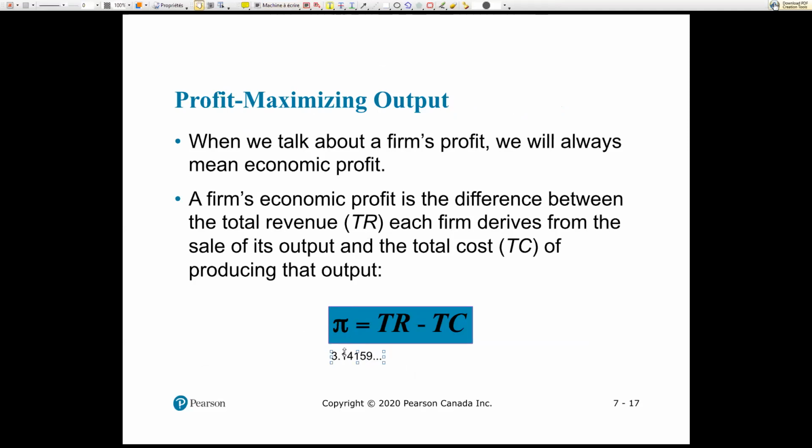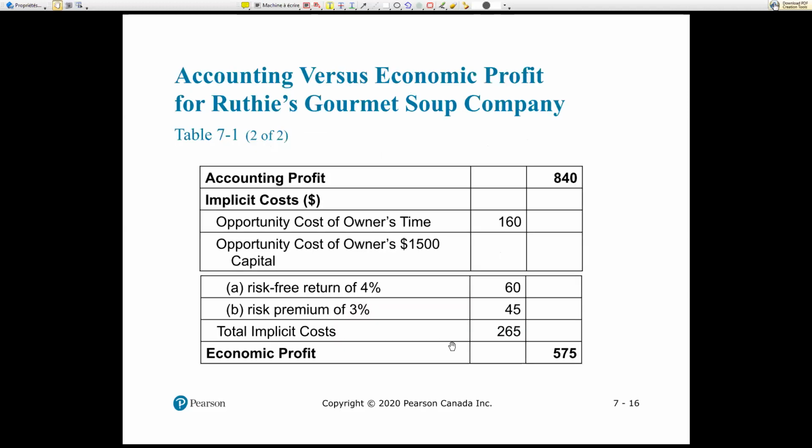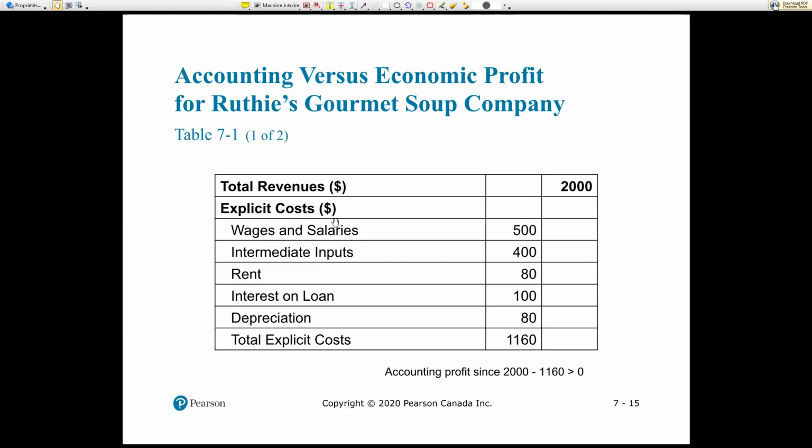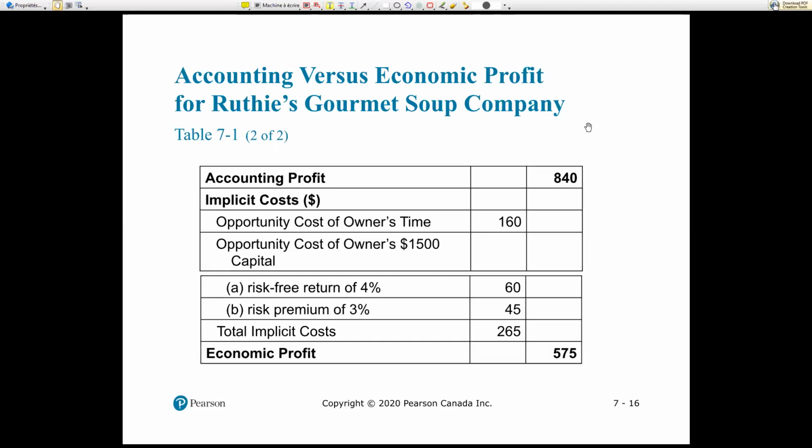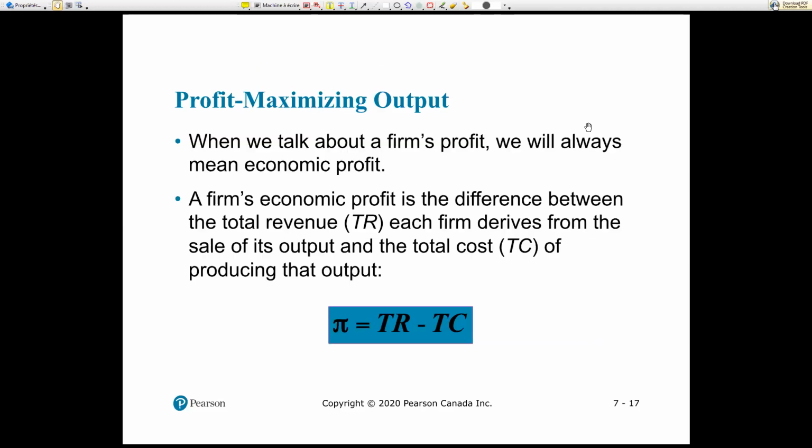Greek letters are used in every discipline. So it's the total revenue minus total cost. Total cost is implicit cost plus explicit cost, and total revenue is how much soup I sell multiplied by the price of soup.